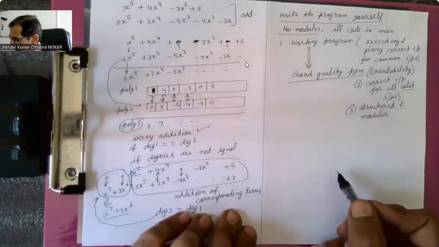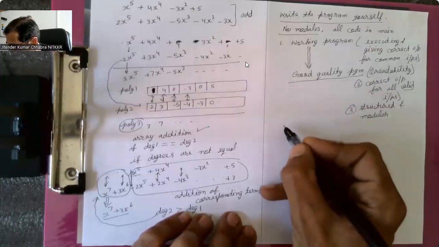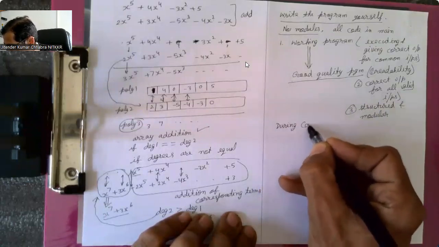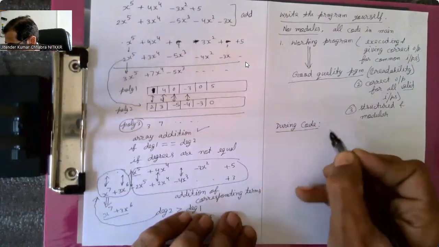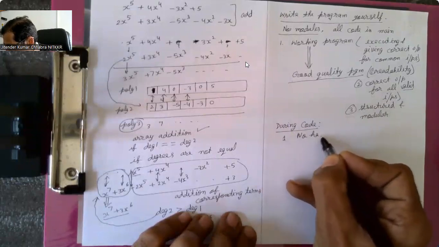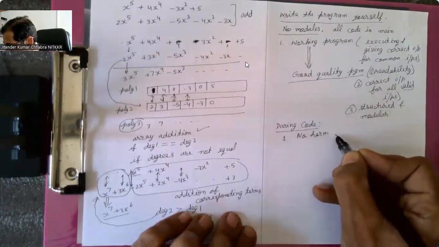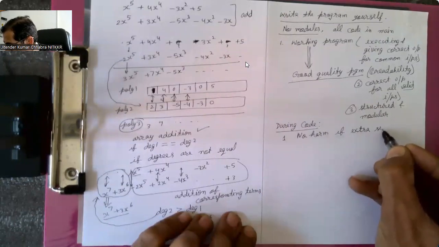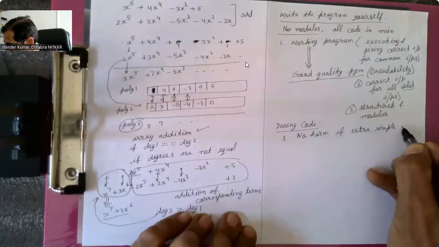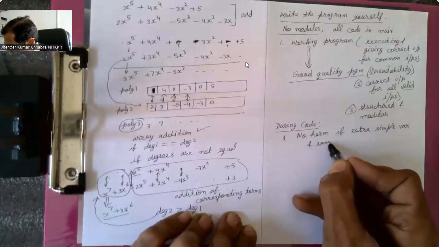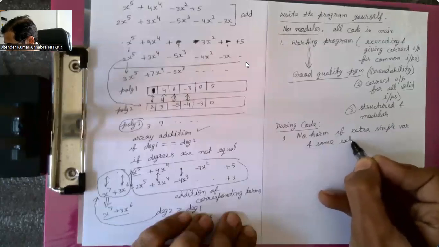So for that, while writing the logic during your coding, certain care is to be taken. There is no harm if you want to make a logic by taking some extra simple variables or some extra simple statements.